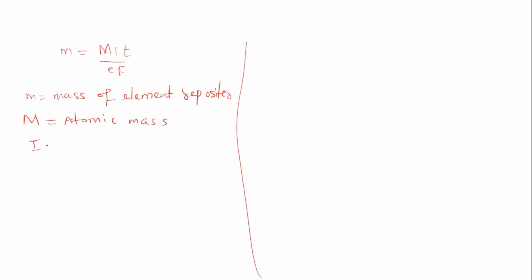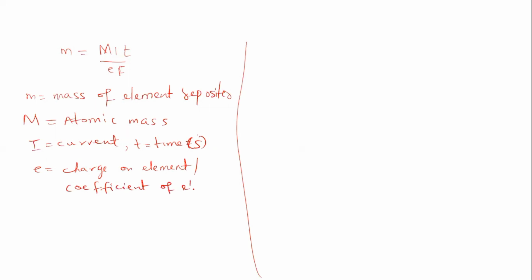I is current, T is time in seconds, and E is the charge on the element, which you can also say is the coefficient of electron in an electrolytic reaction.